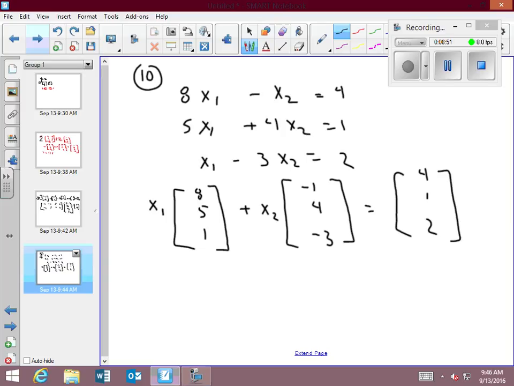So it gives you an idea of what you're doing when you're doing all these matrices or vectors. It's actually just simultaneous equations. That's all you're doing.